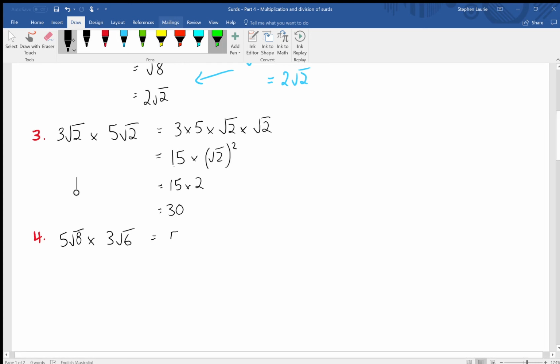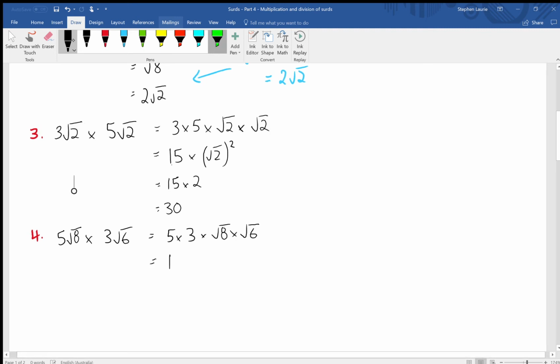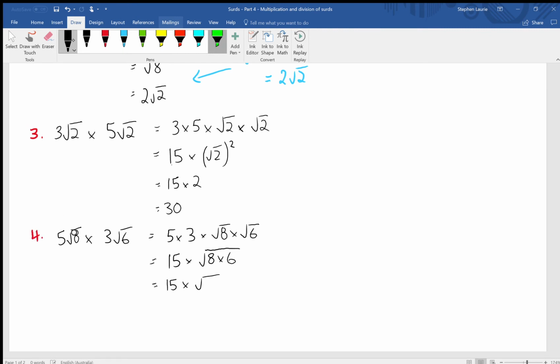So we're going to do the 5 times 3 first, and then we will look at the square root of 8 times the square root of 6. 5 times 3, that's 15. And we can put the 8 and the 6 together under a square root, which gives us 15 times the square root of 48.